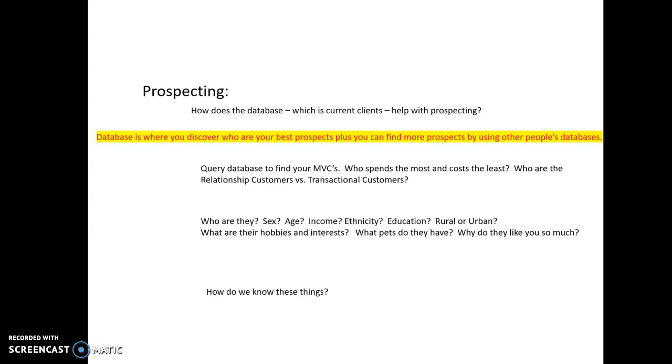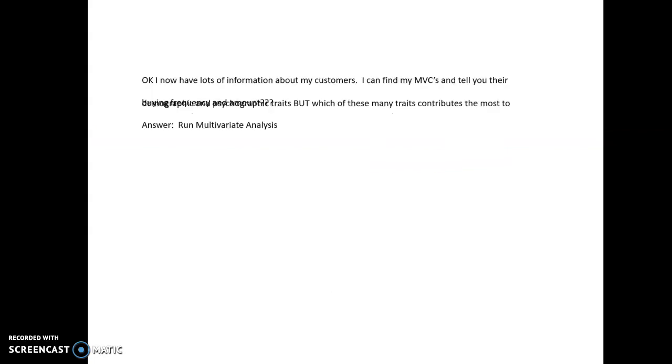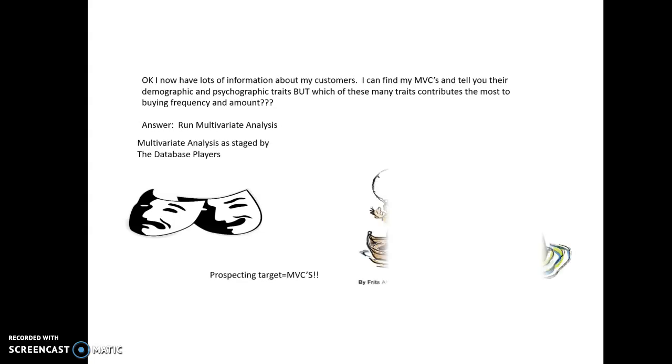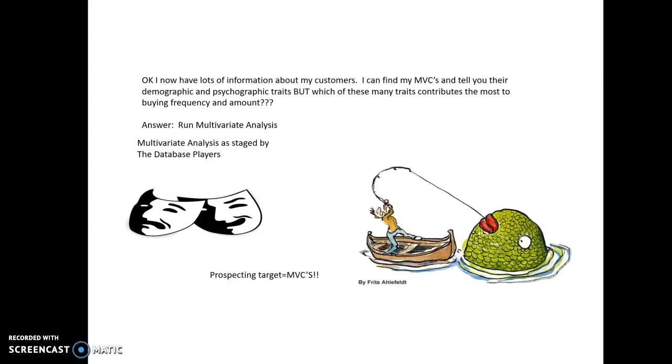And to find that out, we run the multivariate analysis, and we find out from that analysis which one of the variables is most important, because it may be hard to target using 20 variables. So you want to pick the one or two that are the most important. I just want to see this thing again. It's so cool. And this means that when you're fishing, you're going to get the big fish.